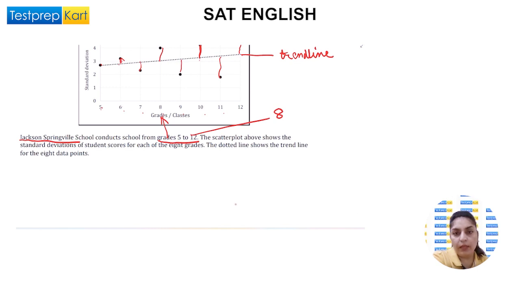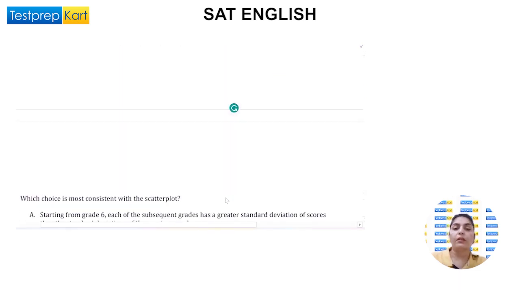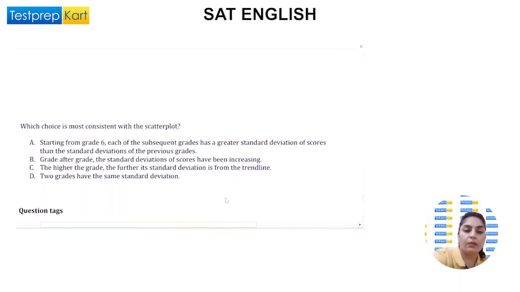Similarly, 11 has more deviation than 10, but grade 12 does not have more deviation than 11. 11 has one complete block and more than that, and 12 does not have any block. So for grade 10 and grade 12, we cannot say that they have more deviation than the previous grades. That is why A is not correct.